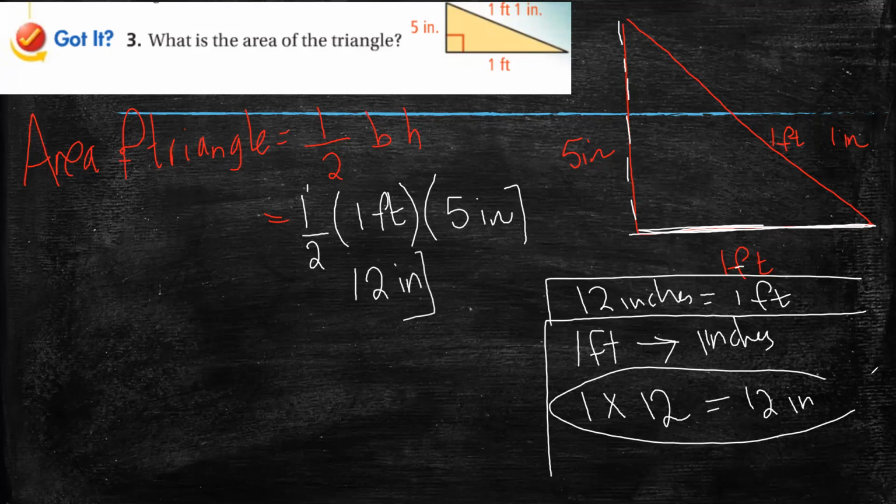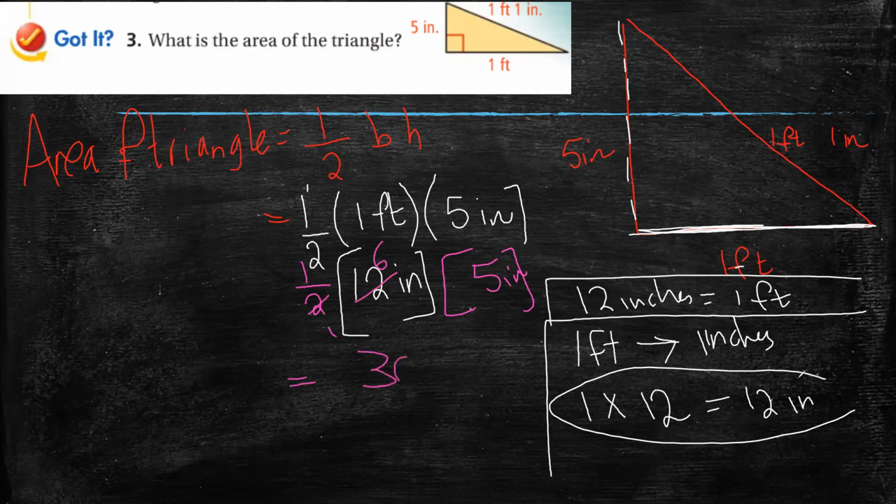I will repeat why I did this step: because I must have the same unit in the area. I cannot multiply them with different units. One is feet and the other is inches. So I can convert the inches to feet or the feet to inches. Then 12 times 5 inches times half.